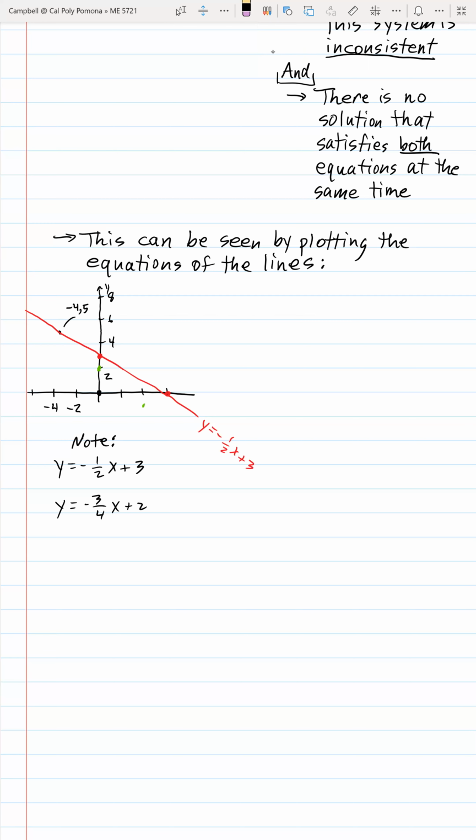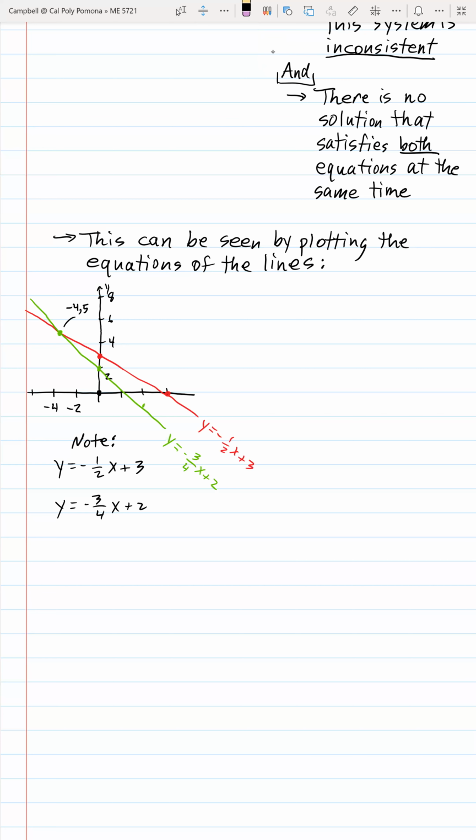And so we can see that we had a consistent single solution associated with our first set of simultaneous equations, because we have a single point where both of those lines intersect, and that's it.